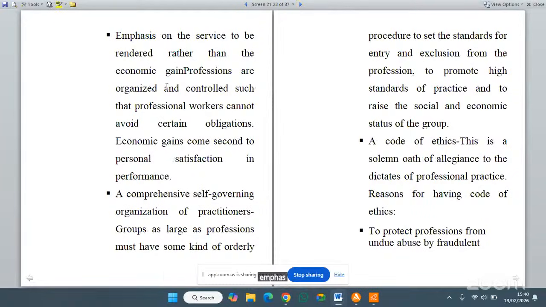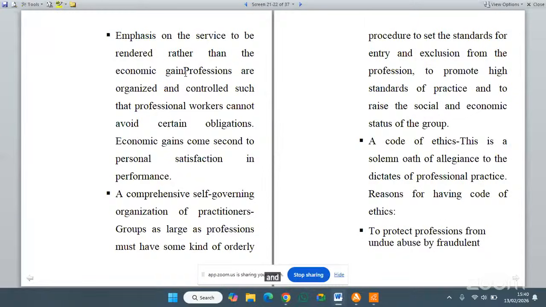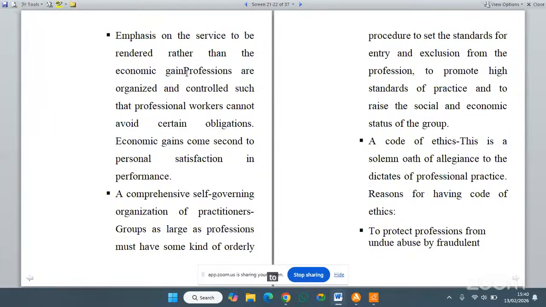Emphasis on the service to be rendered rather than the economic gain. This is part of what we said earlier, that emphasis to a professional is on service delivery and not economic gain. So people in professions cannot withhold their labor and use it as a bargaining tool to the detriment of their clients.